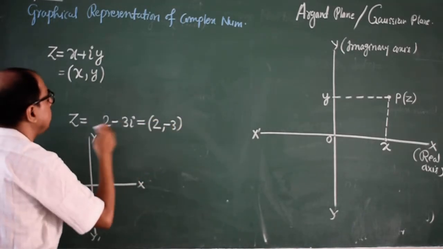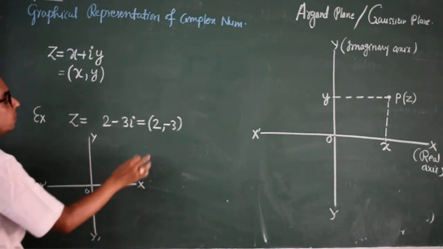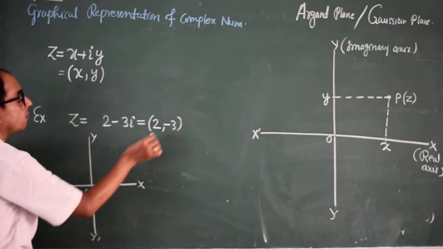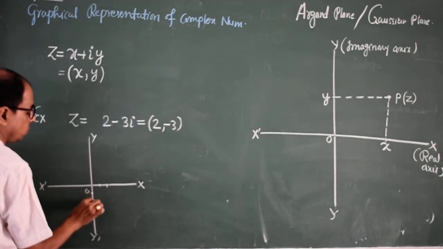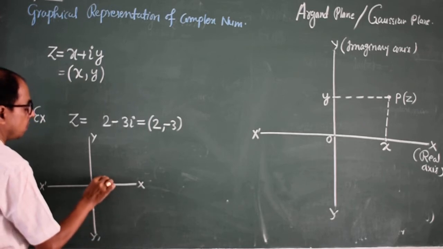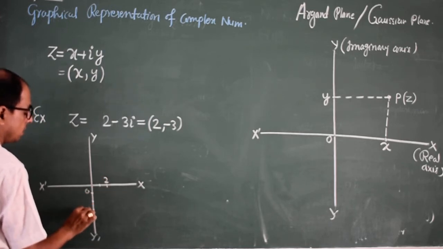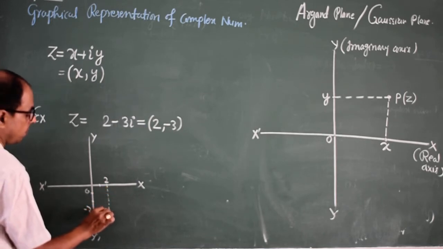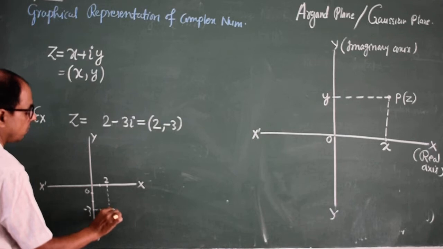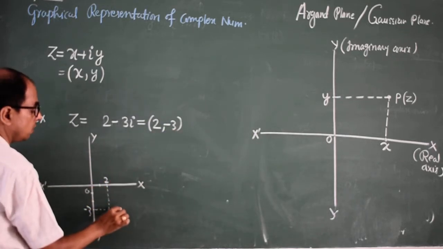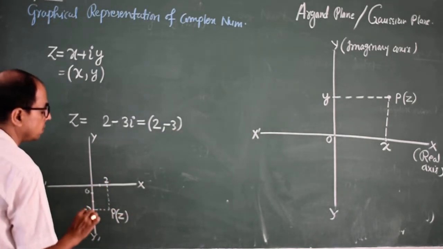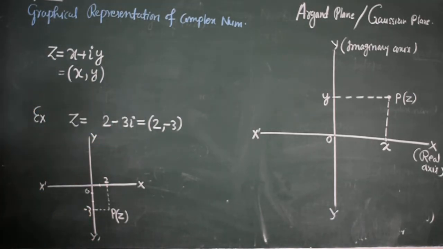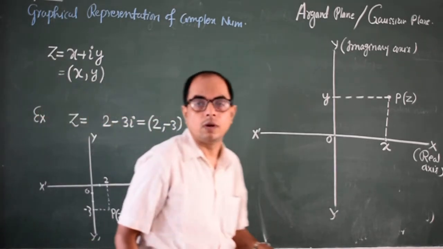So this point will represent the complex number z. So where is this point? x is plus 2 and y is minus 3. 1, 2, 3. So this is the real part, this is the imaginary part. So this point will have coordinates 2 comma minus 3. So this point will represent the complex number z. So this complex number lies in the fourth quadrant.